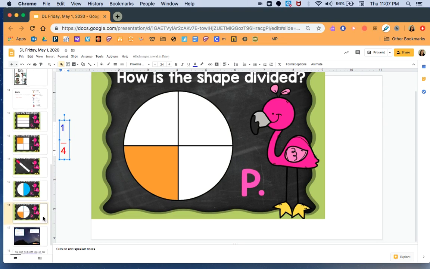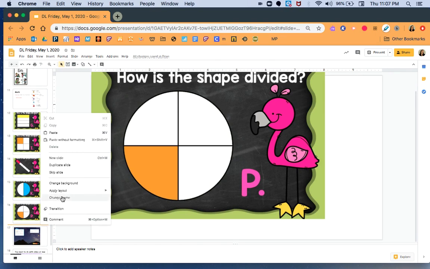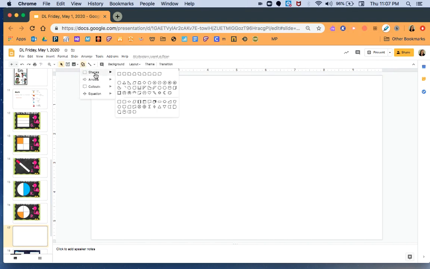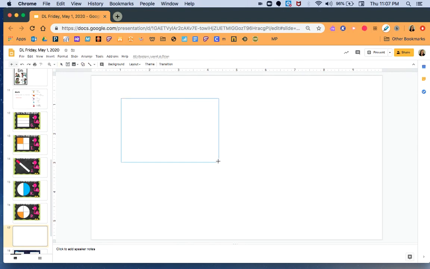What would it be, guys, if I had a circle, or let's say I had a different shape. Let's say I'm going to use a rectangle, okay?